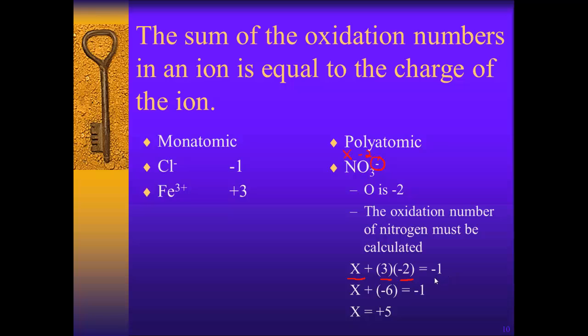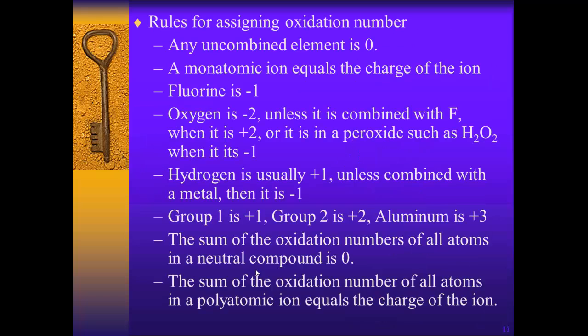The total, instead of 0 now, is a -1 because that is the charge of the ion. And we just solve and find that in the nitrate ion, our oxidation number for nitrogen is a +5. Okay. And so this is just a summary of all the rules that we just went through.